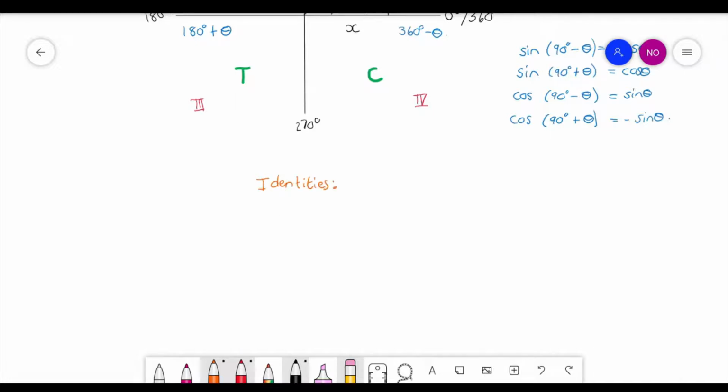Remember the one is that sine squared of an angle plus cos squared of that same angle is equal to 1. And the other one is that sine over cos is equal to tan.